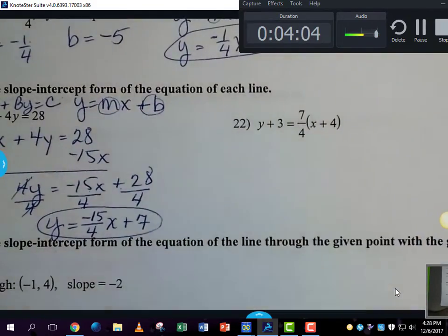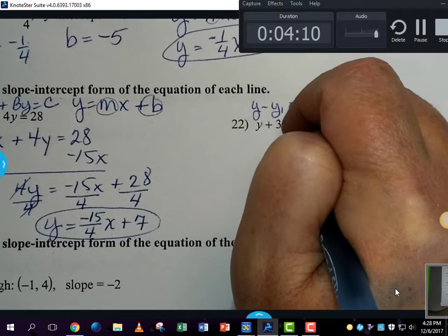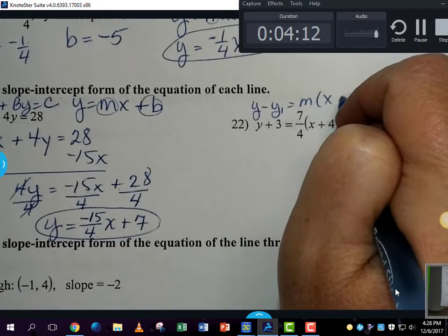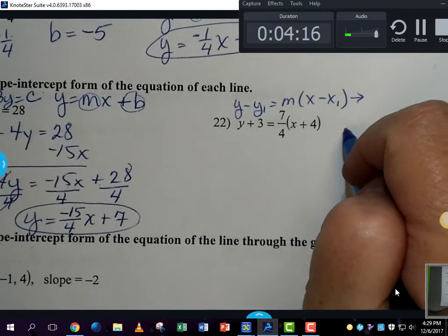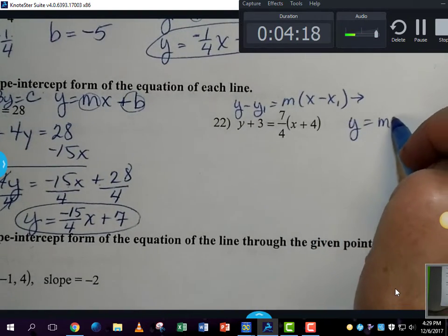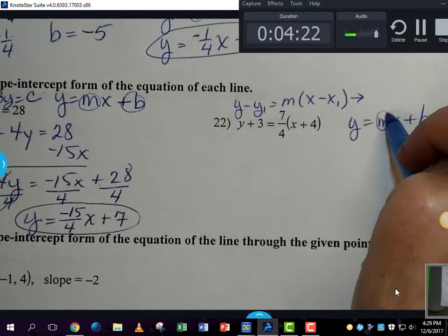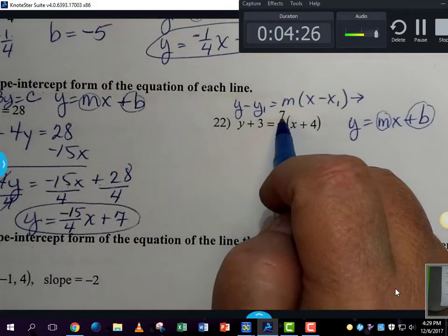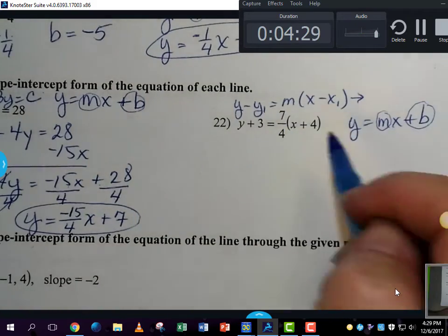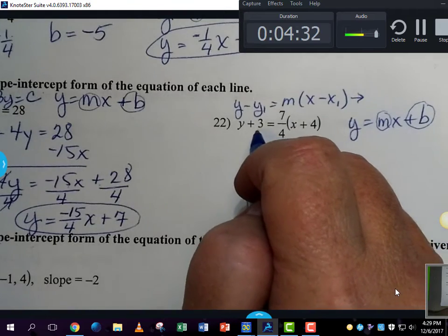Now this one we know is called the point slope form. And I need to change this into y equals mx plus b. Well, I need to know two numbers. I need to know m and I need to know b. Luckily they already give us what m is. And also they give us a point.